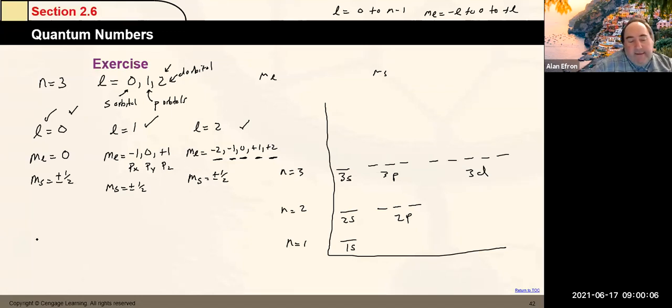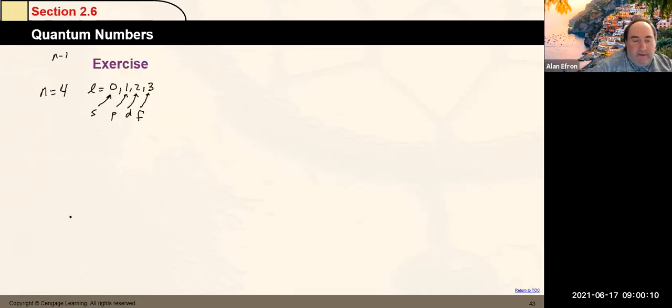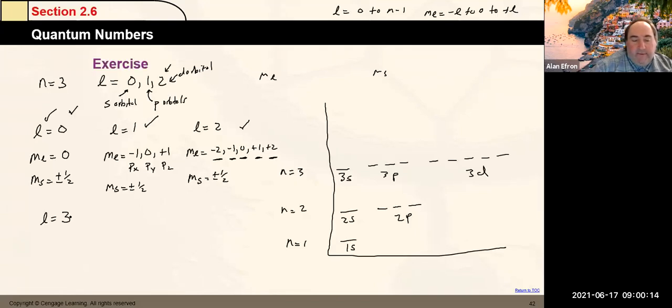So if we add in our L is equal to 3 in this case, which is what we get on the 4th energy level here, we can again do our M sub L here, which would be -3, -2, -1, 0, +1, +2, +3.